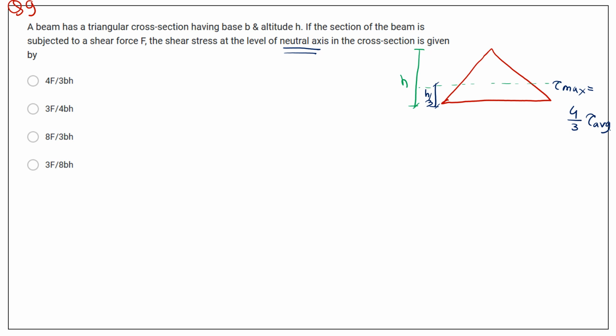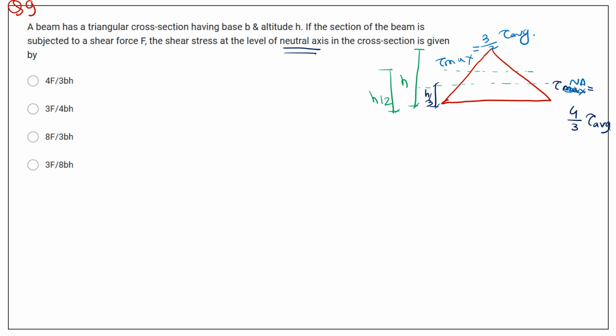If they ask about the half axis, at the center, so this is at h by 2 distance, the value of tau is maximum here. So tau maximum is 3 by 2 tau average.